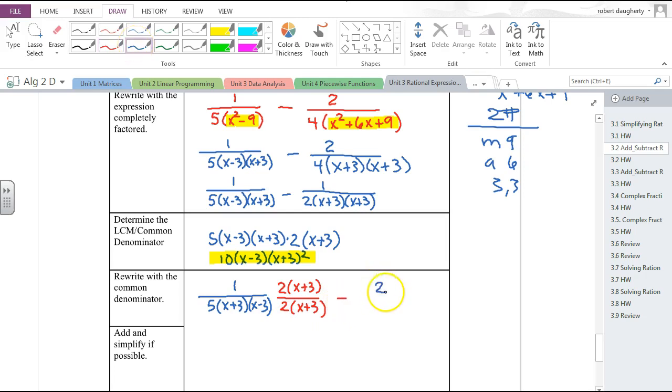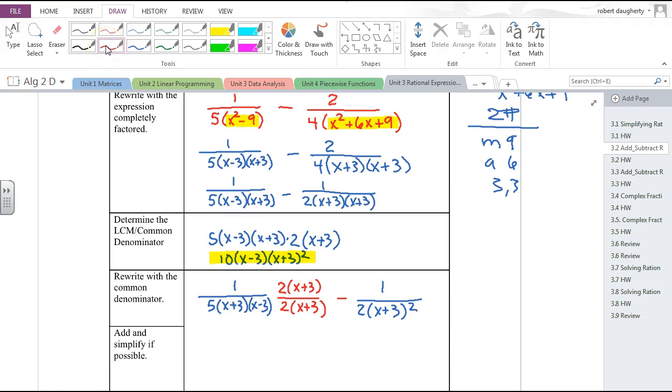And then if I look at the rest of this, what do I need to multiply 2 times x plus 3 squared by to get 10 times x minus 3, x plus 3 squared? 5 times x minus 3.